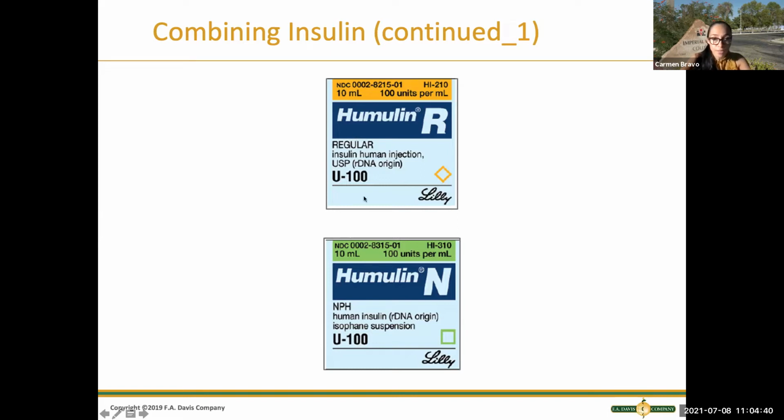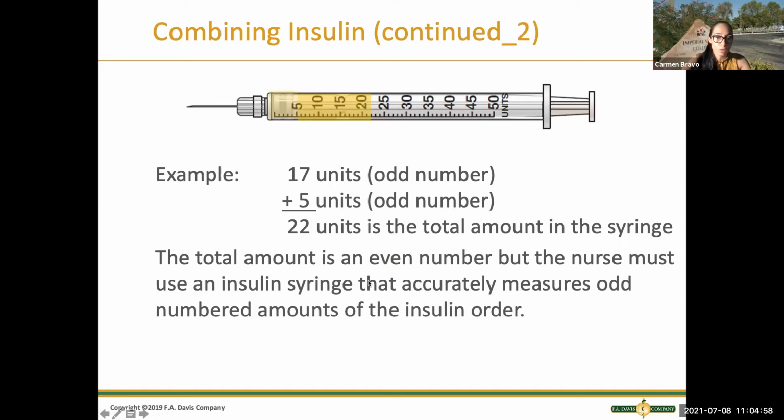So you have to mix them up and add them up. How many units are you going to give in total? If it's 17 and 5, then you have to add them up, so that you know how much is going to be in the syringe. It's going to be 22 in the syringe, right?